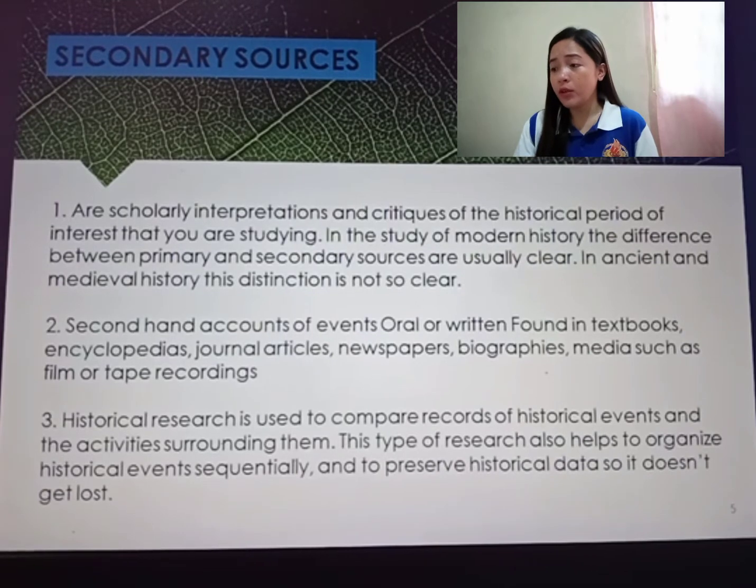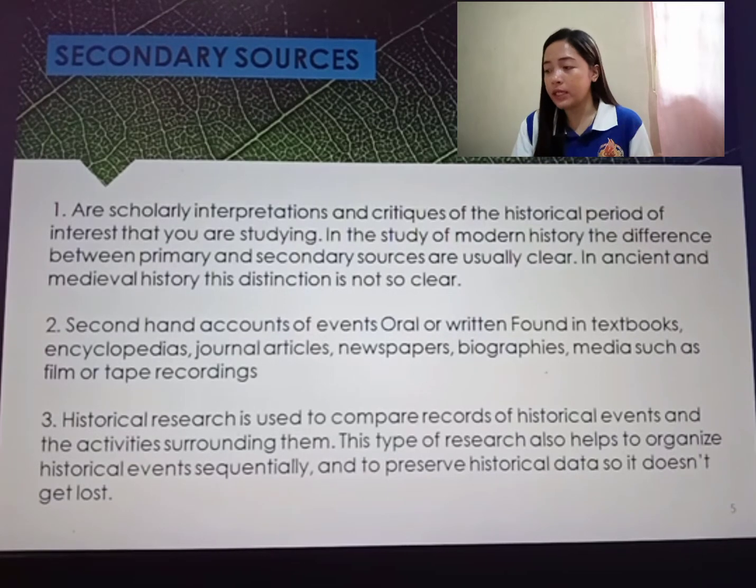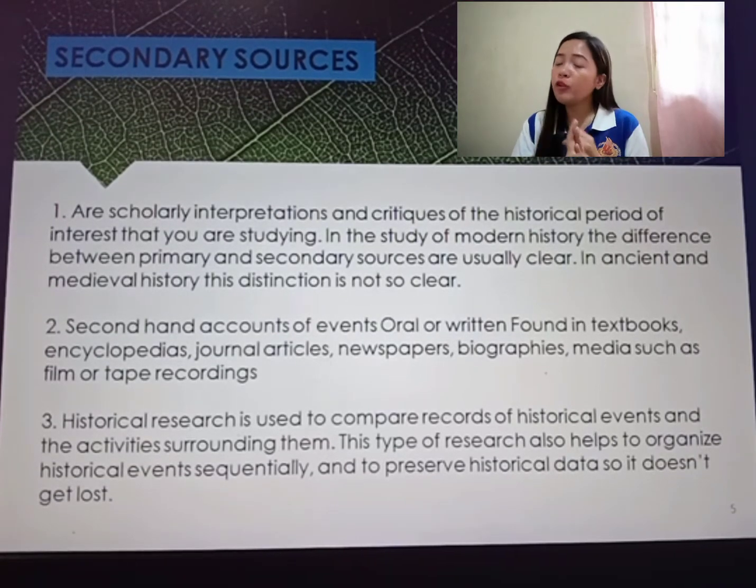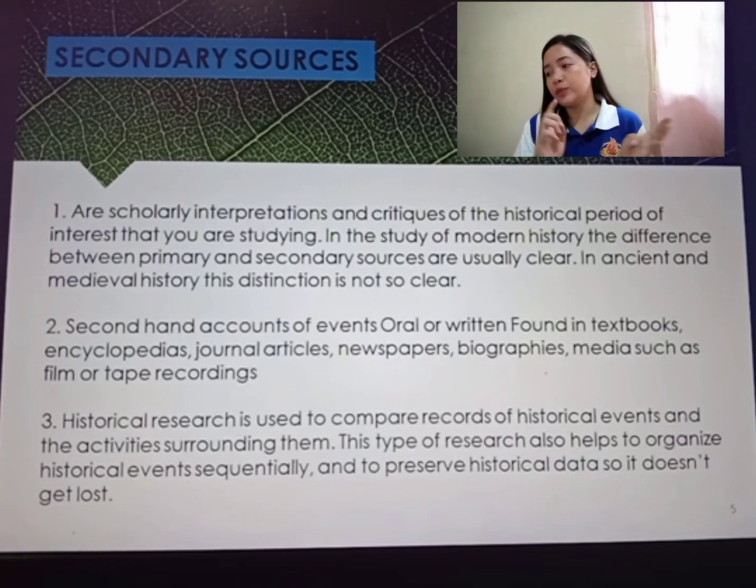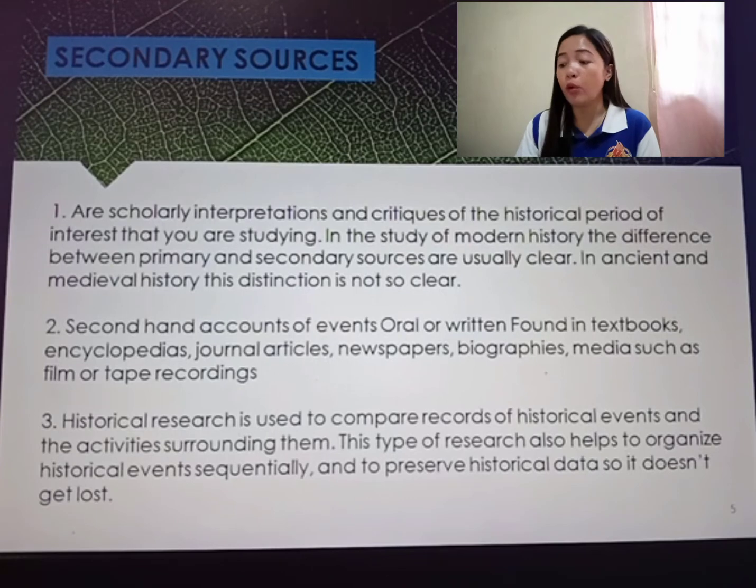So that is the primary sources. And secondary sources are scholarly interpretations and critiques of the historical period of interest that you are studying. In the study of modern history, the difference between primary sources and secondary sources is usually clear. In ancient and medieval history, this distinction is not so clear, and second-hand accounts of events, oral or written, are found in textbooks, encyclopedias, journal articles, newspapers, biographies, media such as film or tape recordings.